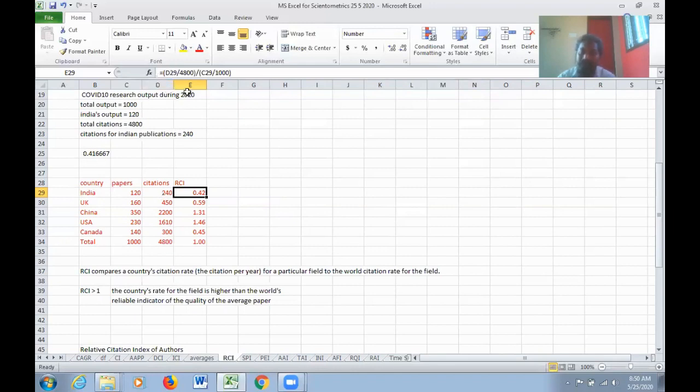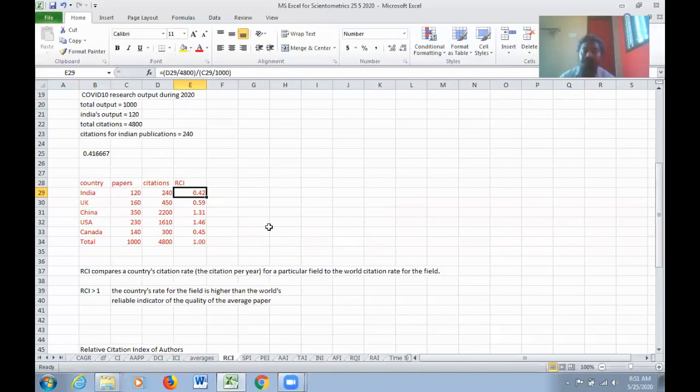That is the total number of citations received by all the countries during a given period. So 240 divided by 4,800, first portion of the formula. But second portion, C29. What is C29? These are India's production. India has produced 120 papers divided by 1,000. What is 1,000? 1,000 is the total number of papers published by all the countries during a given period. Fine. So what is the relative citation impact of India? It is 0.42. If you take China, it is 1.31.